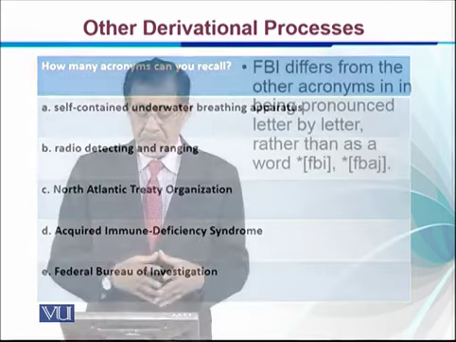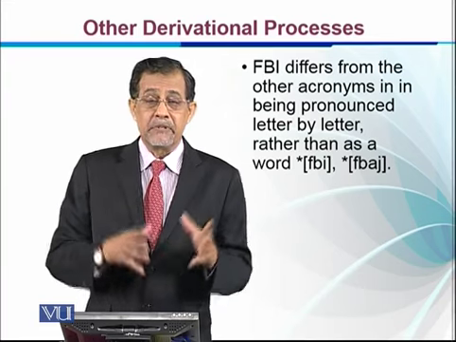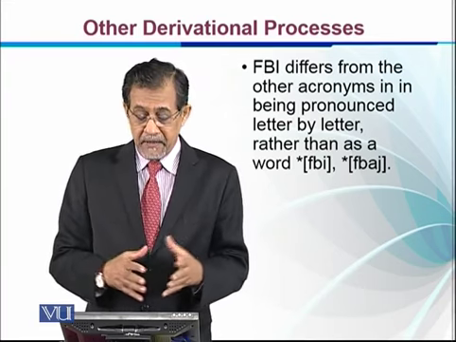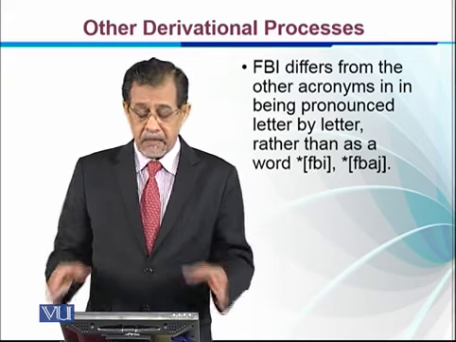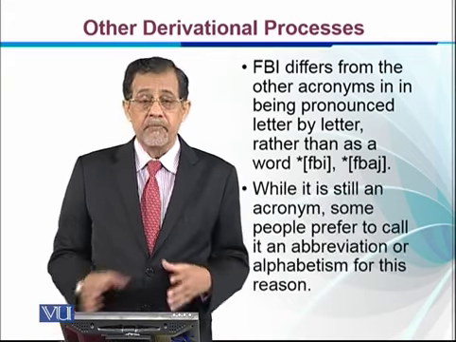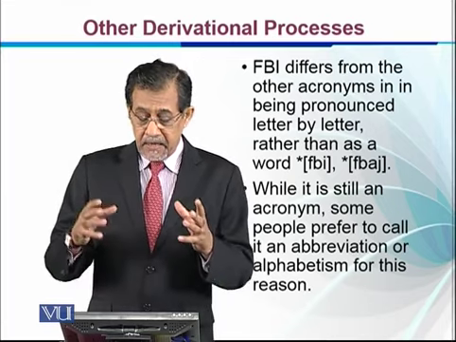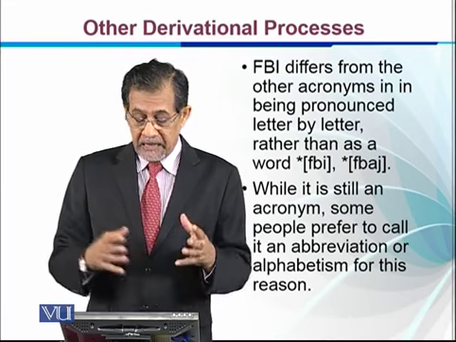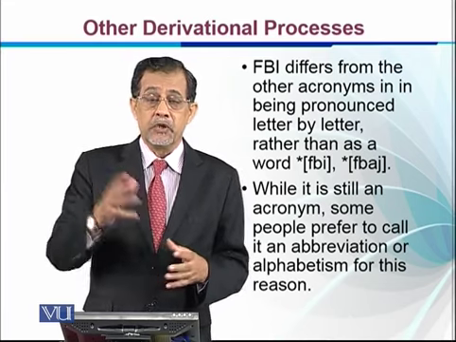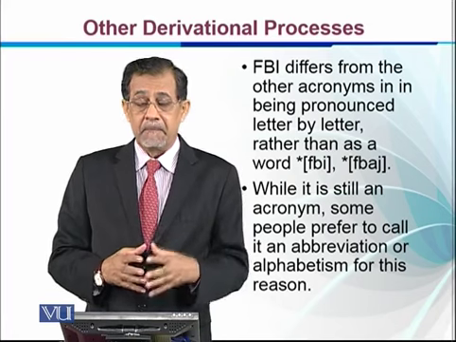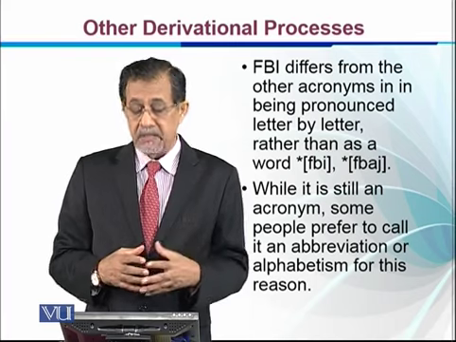FBI differs from other acronyms in this list because it's pronounced letter by letter. We cannot say it as a word; we say F-B-I. So some linguists prefer to call it an abbreviation or alphabetism. For this reason, they think that these should be called not acronyms but abbreviations or alphabetisms.